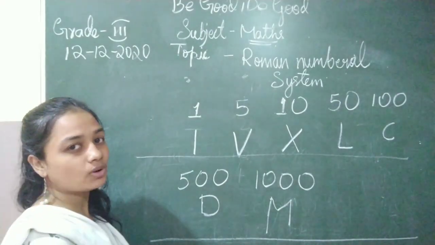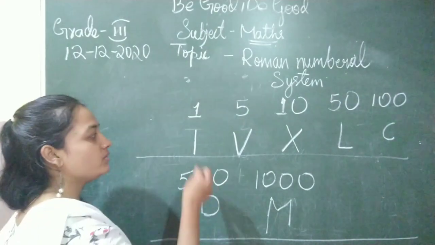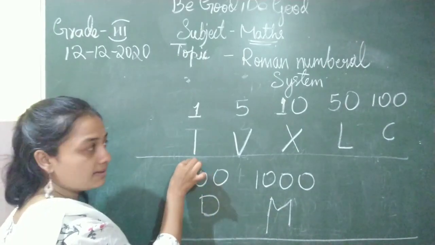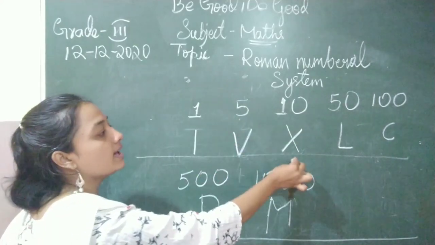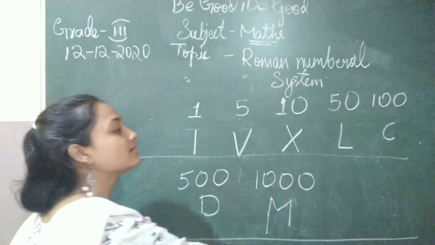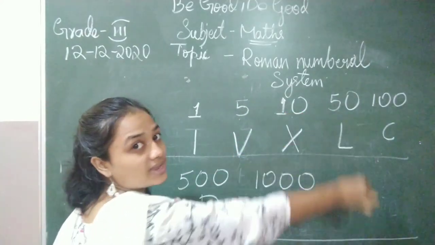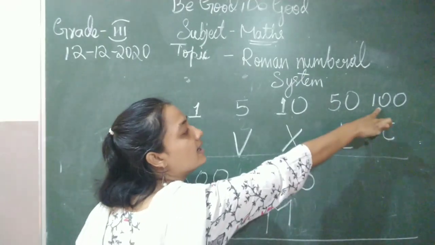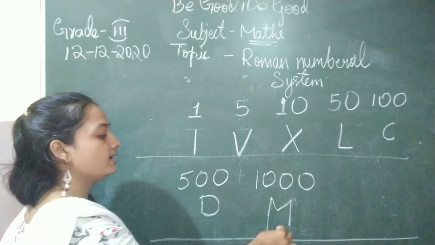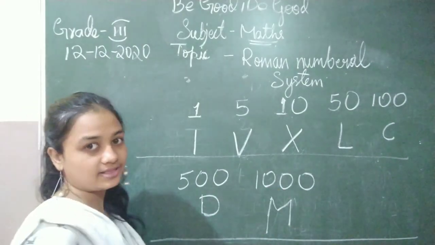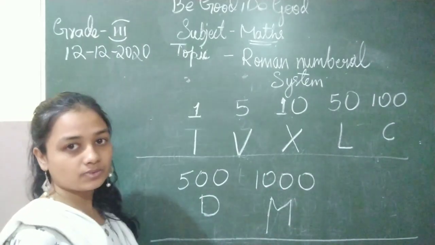So let's revise the symbols we use. This is I, that is 1. V is 5, X 10, L 50, C 100, D 500, M 1000. So these are the symbols we use.